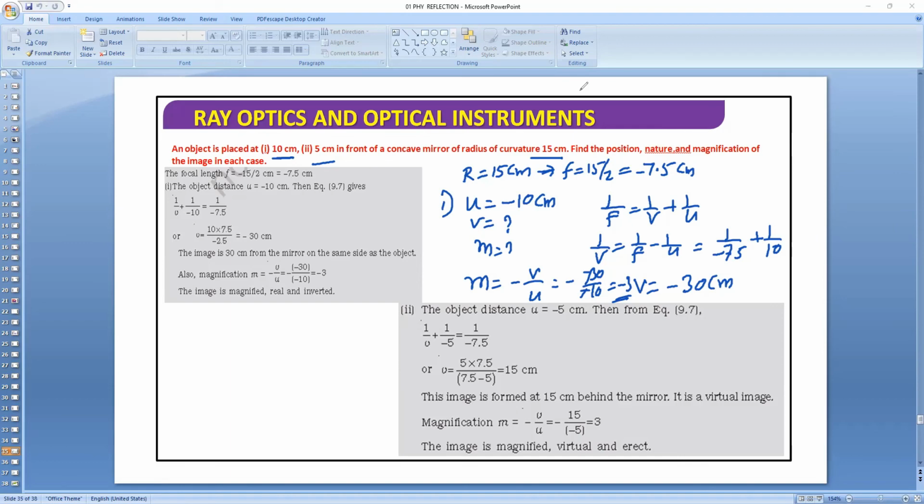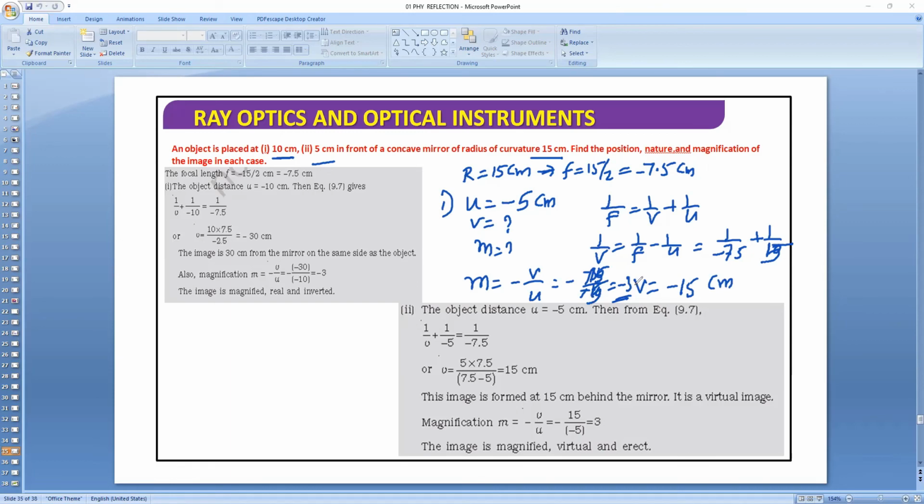In the second case, what have they given? Object distance they have changed. In the same formula, object distance they have given is 5, so here you should put 5. Then the V value you will get is 15 centimeters. Now again magnification: minus 15 by object distance 5, which means 3.